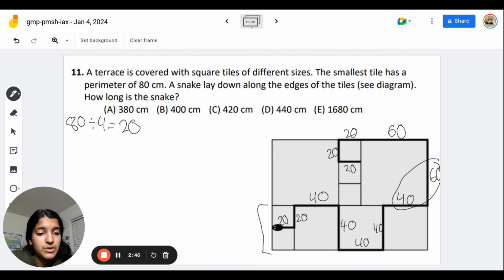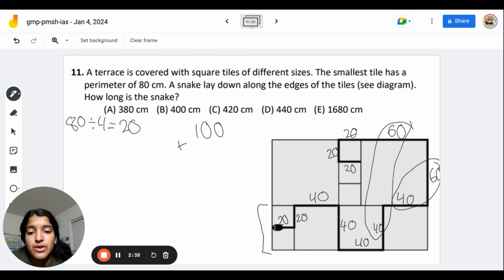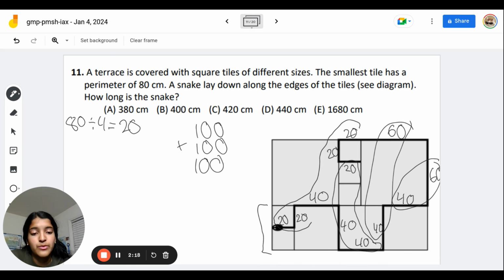So 60 plus 40 is 100, plus another 60 plus 40 is another 100, plus 40 plus 40 is 80, plus 20 is another 100, and then we get 20 plus 20 plus 20 plus 20 is 20 plus 20, 40, plus 20, 60, plus 20, 80, and then we have another 40.